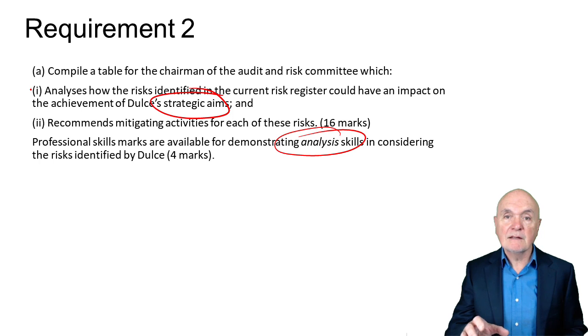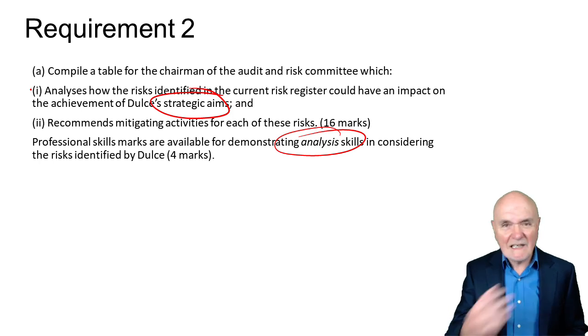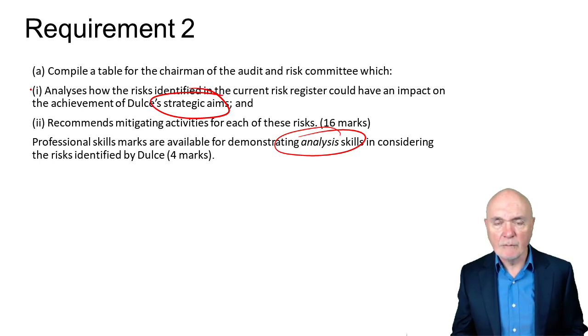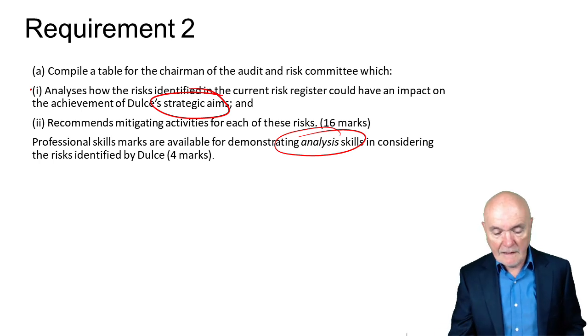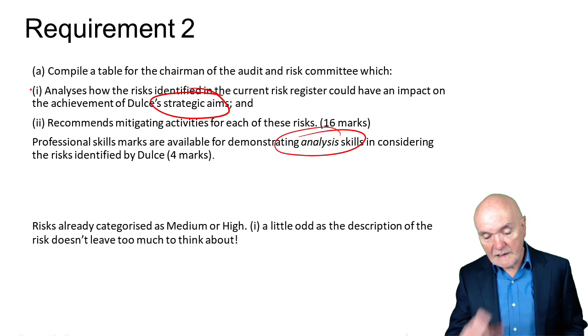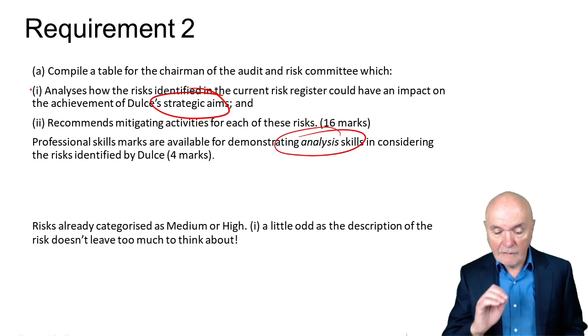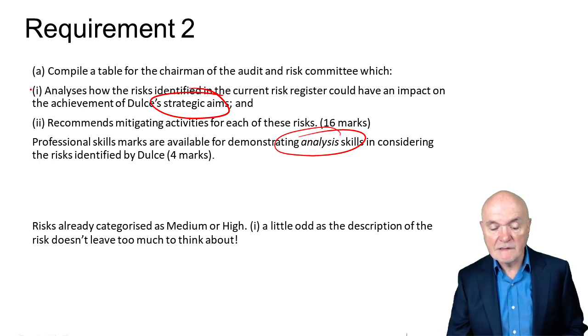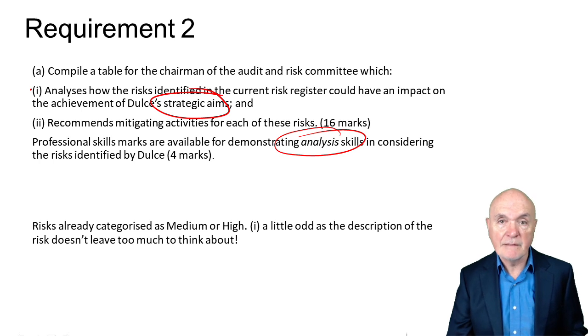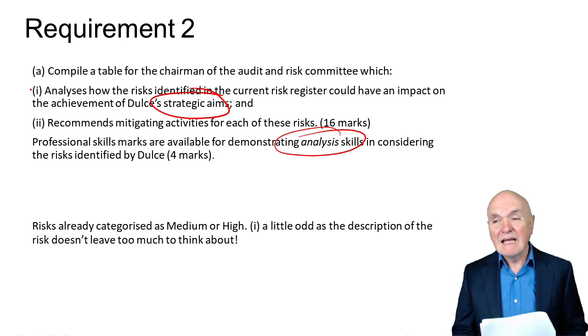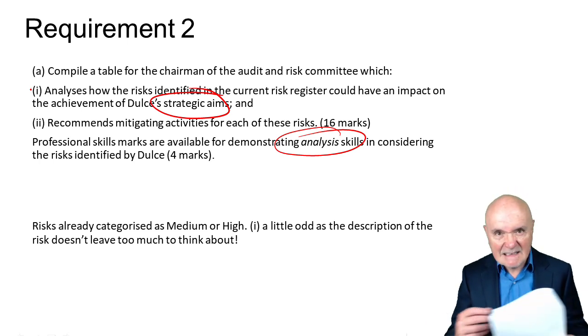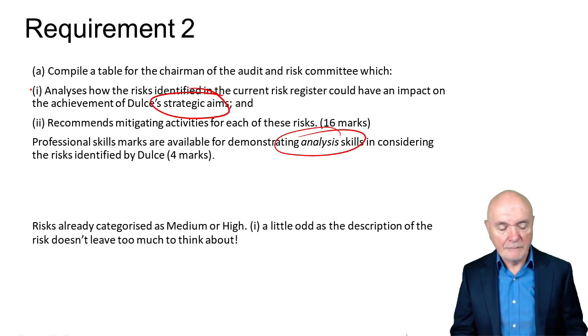So it seems you're almost restating the obvious again, but it wants you to do that. So if we take the first one here, so they're already categorized medium-high. I think 1 is a little odd, as a description of the risk doesn't leave you too much to think about. But I suppose you just have to do your best. You have to try to expand it a little bit.